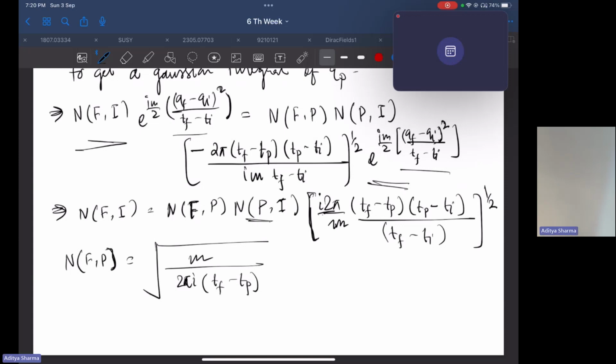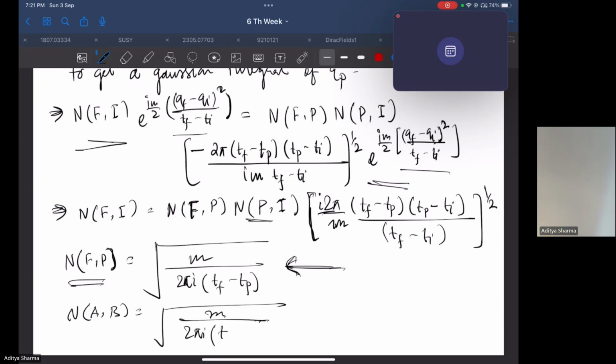And you are going to find N_FI as m by 2 pi i (Tf minus Ti). So just by looking at this, we are able to figure out that this is the correct function. That is, N_AB is equal to the square root of m by 2 pi i (tb minus ta).